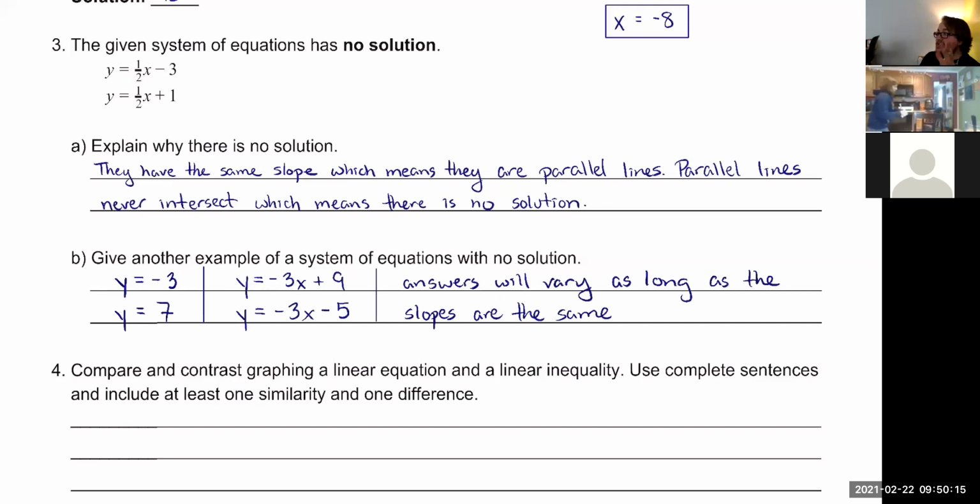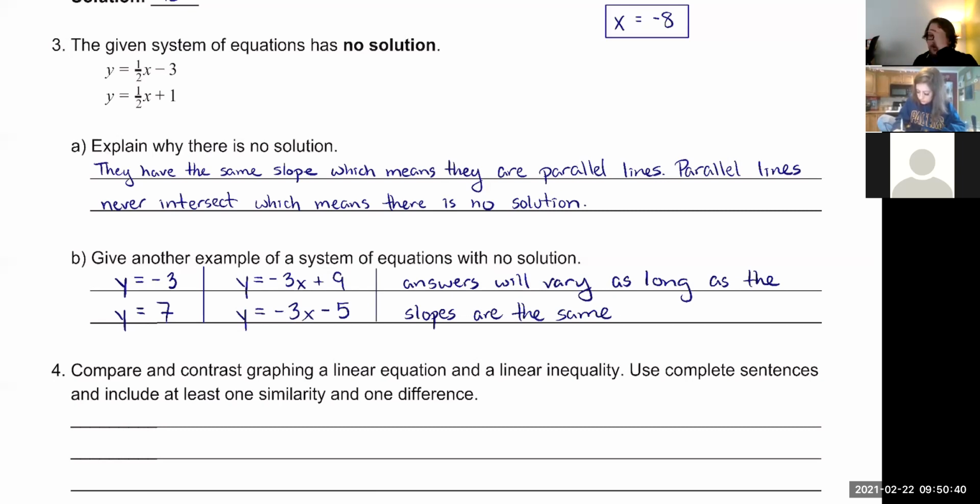So long as you give me any two linear equations where the slopes are the same, they would be parallel. So like I said, infinitely many possibilities. I've listed 2 there. The most important part though is that the slope is the same.